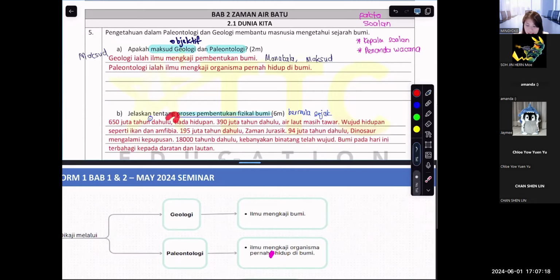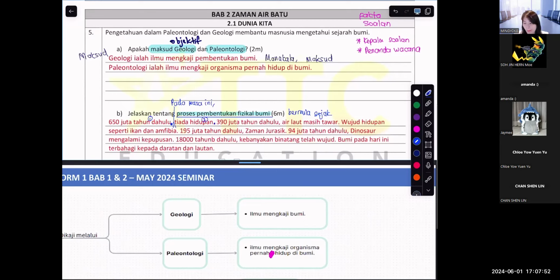If you comma like this, it means there is only one mark. Instead, if you separate it out, sejak, full stop. Then you write, pada masa ini tiada hidupan wujud. Then you full stop. That's how you get the second mark.